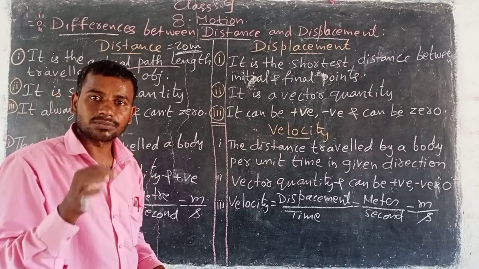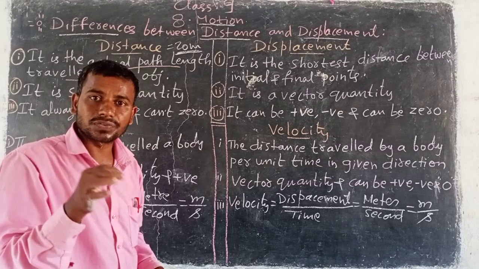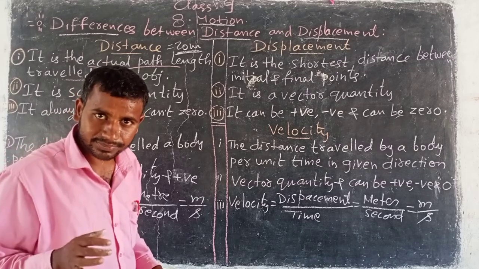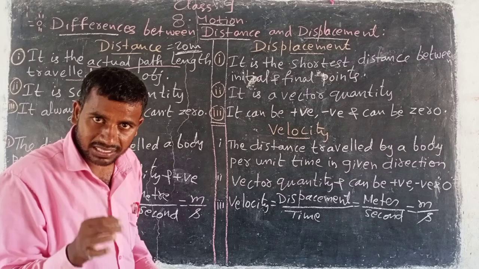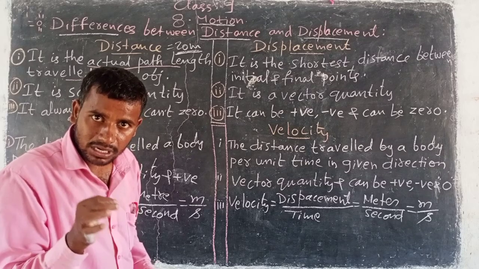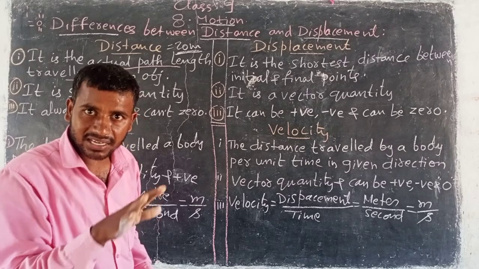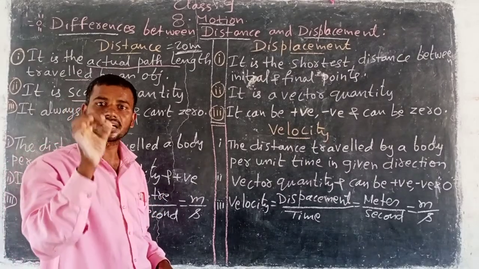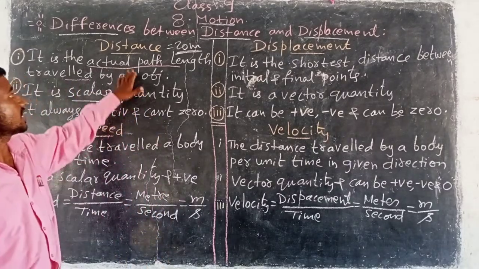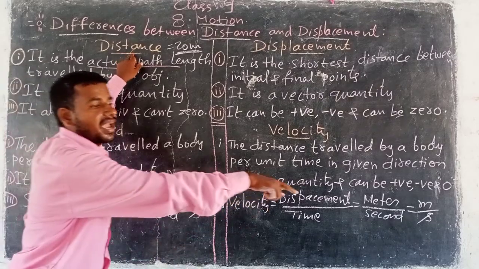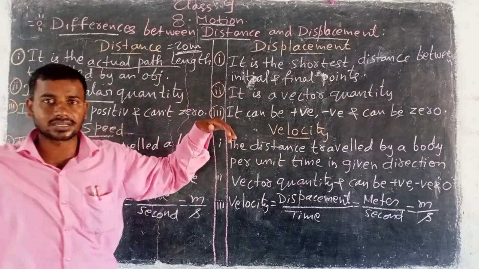A scalar quantity is a physical quantity which has only magnitude, not direction. Distance has only magnitude, not direction.